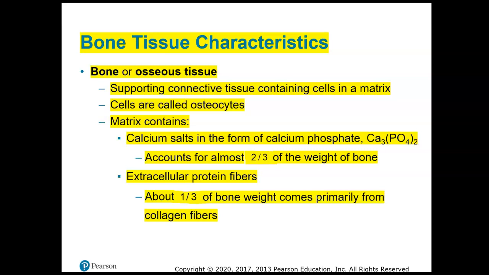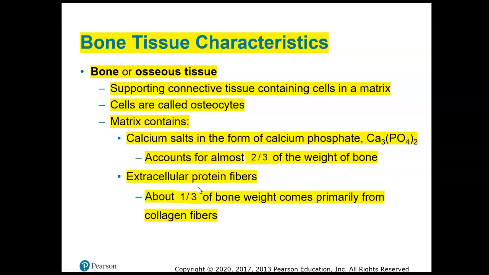So we have osteocytes, osteoblasts, osteoclasts, which are different names of bone cells. And then the matrix of bone consists of the ground tissue formed from calcium phosphate, which provides the strength to bone tissue and accounts for almost 2/3 of the weight of bone. Make sure you know that.